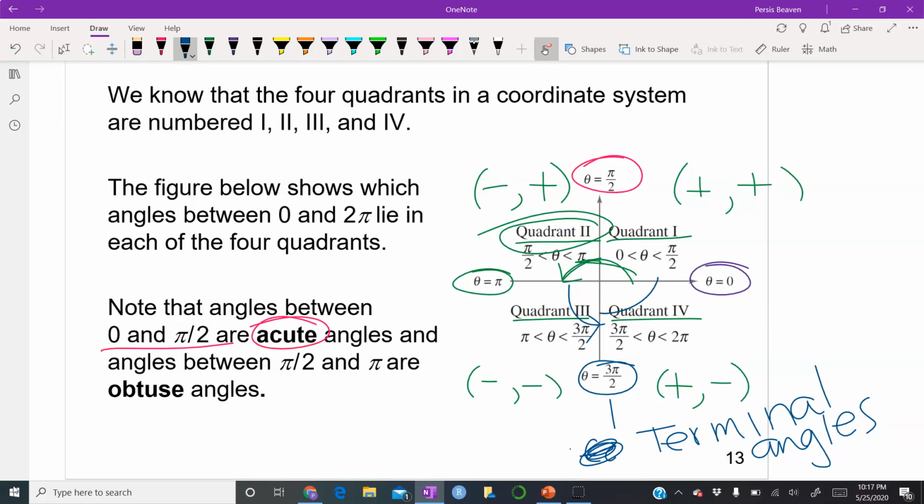And then finally, quadrant 4 will take the angles that are bigger than 3 pi over 2 but smaller than 2 pi. Now, if it goes a full rotation, then it will end up in the same position where it started for a full revolution, and that will be equal to 2 pi.